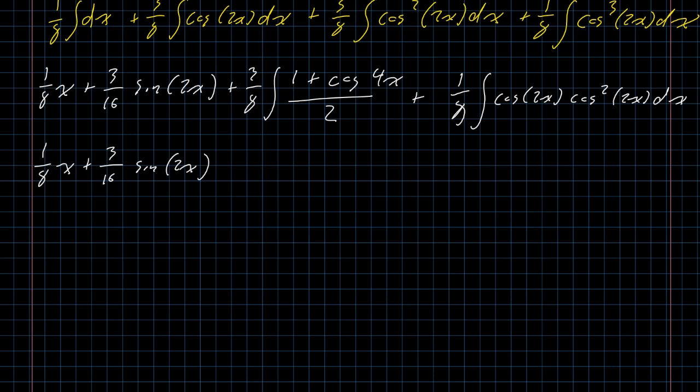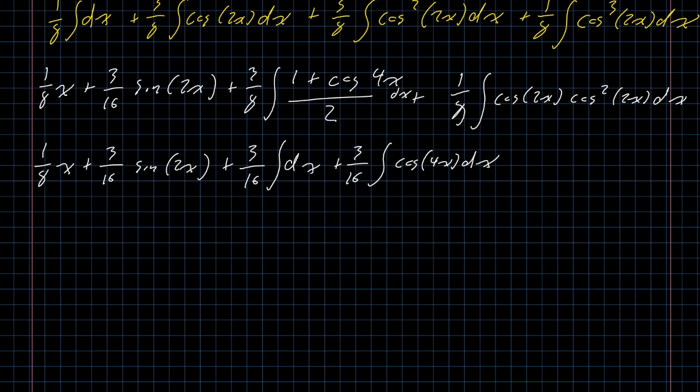And let's see what happened now. That third integral I can split up over the addition. I'm going to have 3/16 times the integral of dx, and I'm going to have 3/16 the integral of cosine of 4x dx.